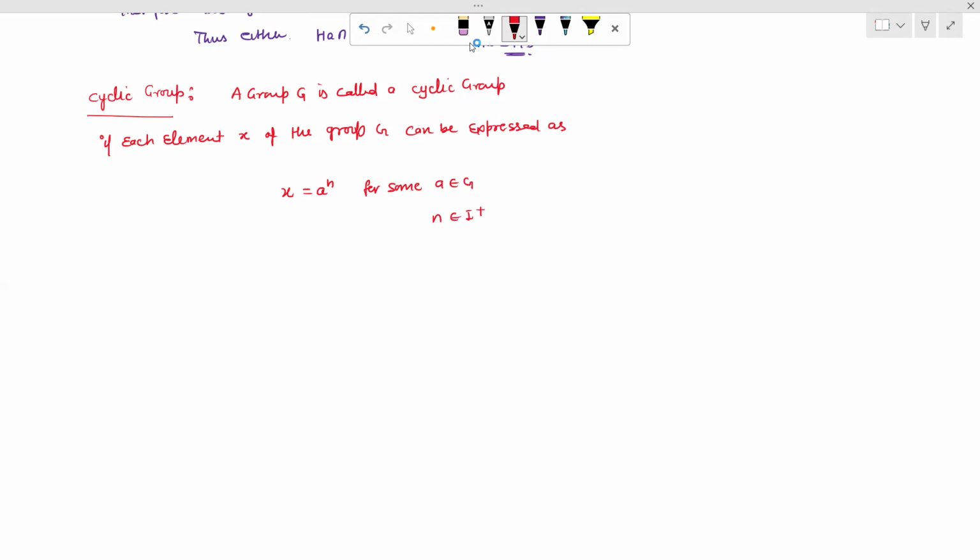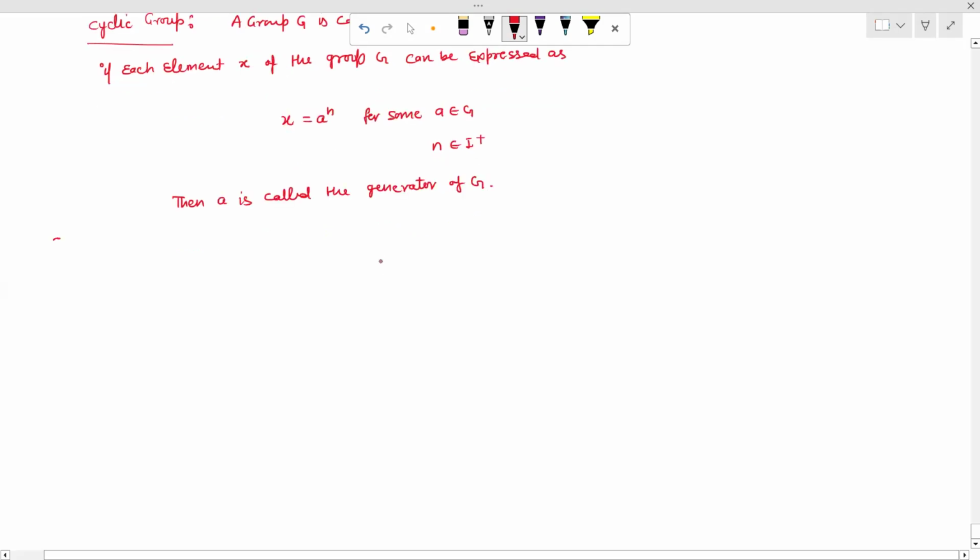So then a is called the generator of group G.